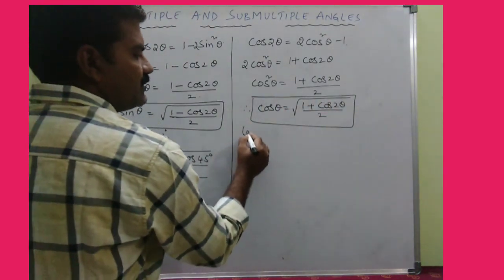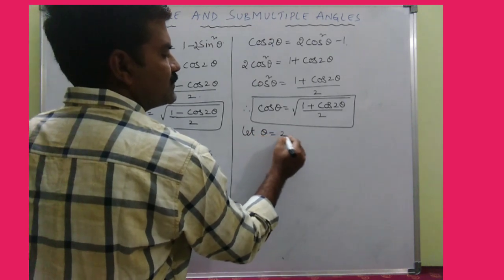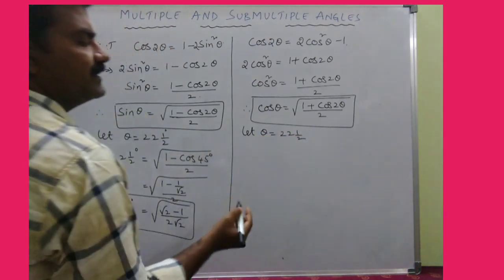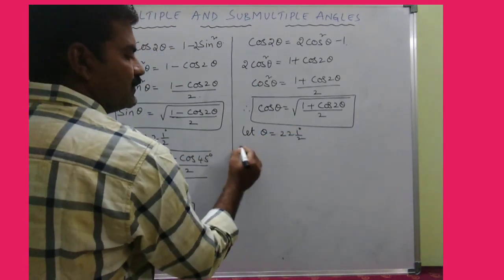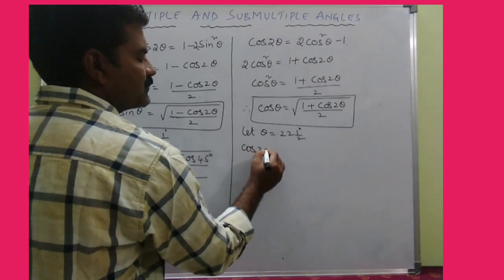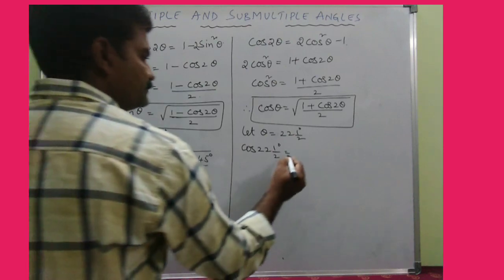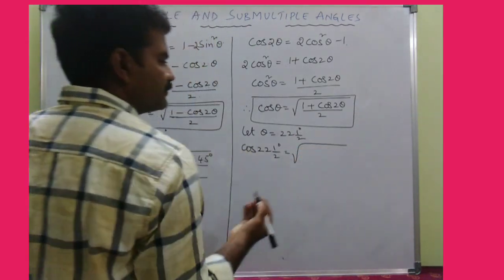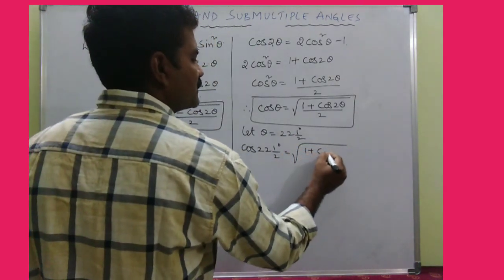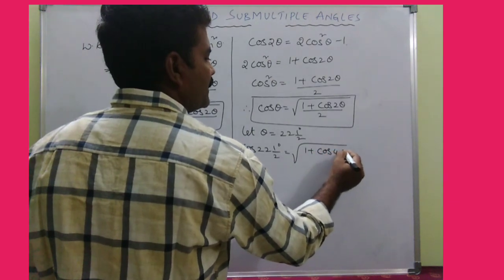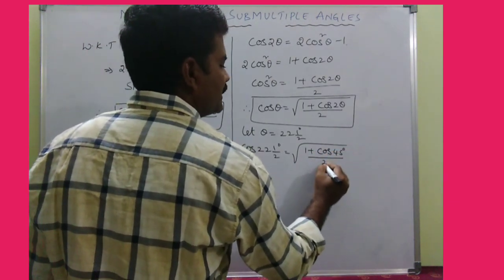Once again, assume that theta is equal to 22.5 degrees. Then cos 22.5 degrees is equal to root of (1 plus cos 45 degrees) whole divided by 2.